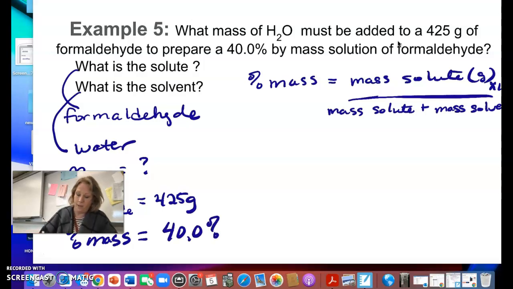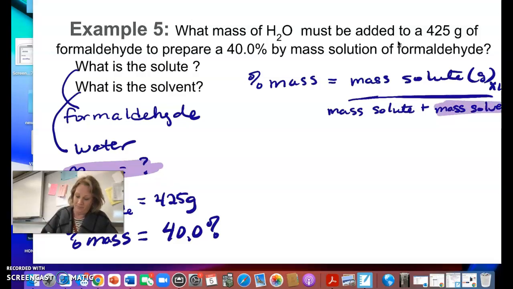So I'm going to plug in over here, and what I'm missing is the mass of the water. Sorry, all of a sudden I couldn't see it. So I'm really missing this.